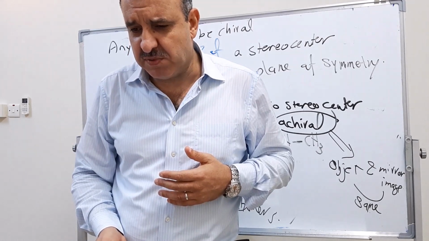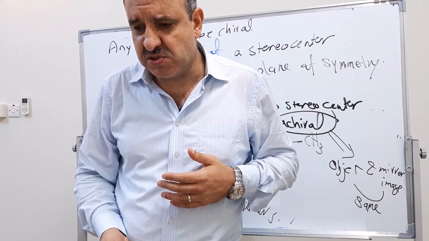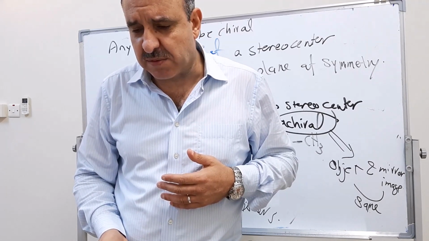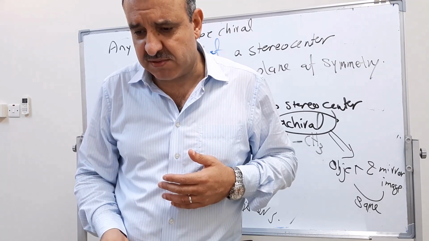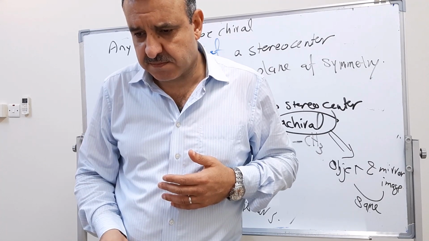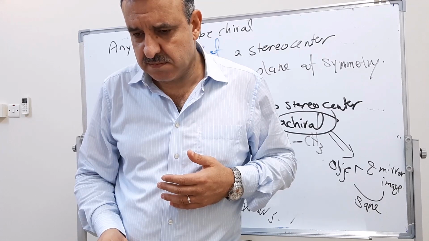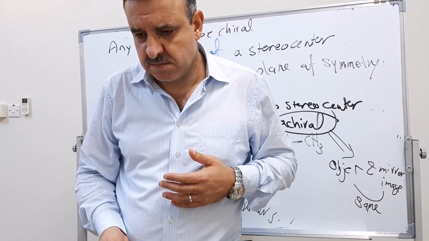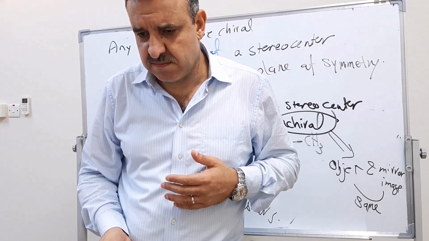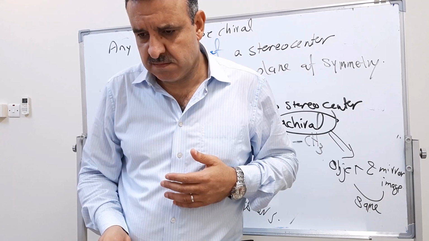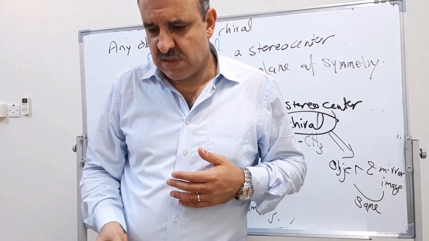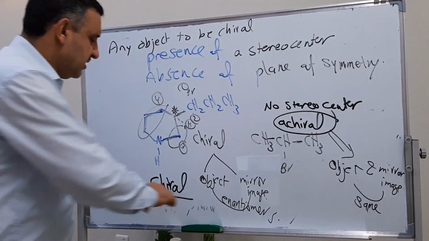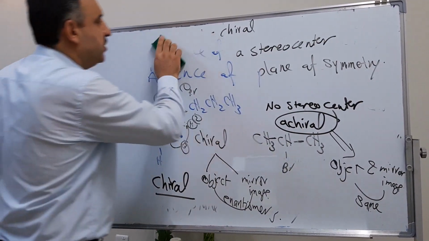That's what leads me directly to the nomenclature, or R and S absolute configuration, of the two compounds. Let me just go to this here. Now, how to differentiate, or name, the two enantiomers.